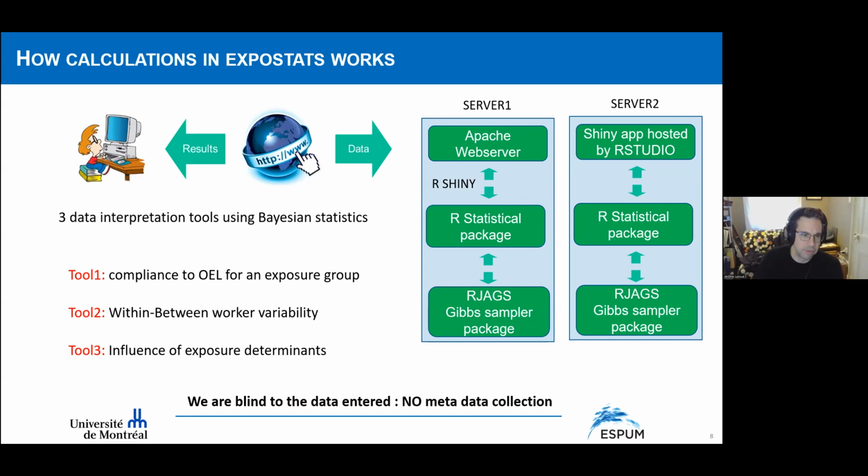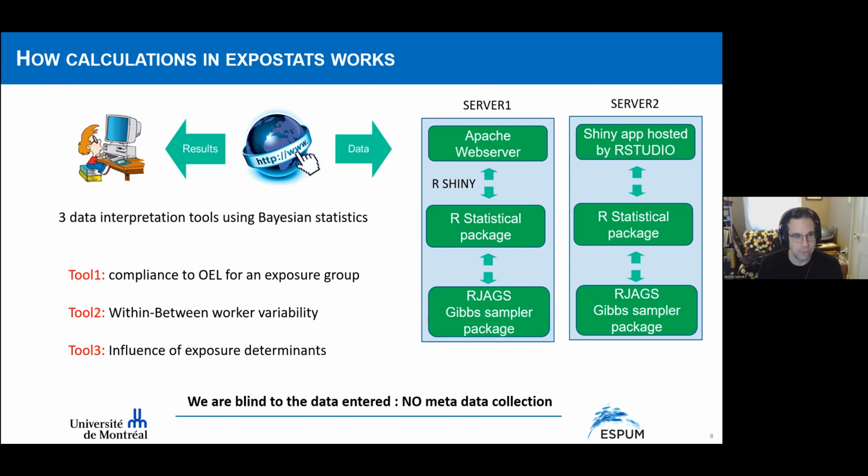But in essence, the three tools are, one is the one that we are going to use today, because I think it's the one that would be most useful for day-to-day risk assessment, let's say. And it's the tool that allows you to make a risk assessment for a similar exposure group. And I would say it's like the main competition for traditional tools such as IHStat, that you may be aware of.